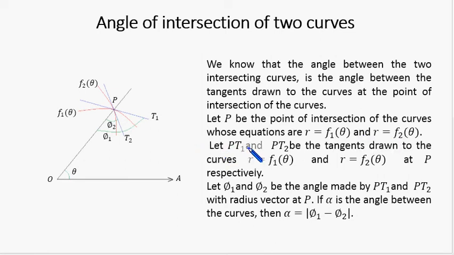Let PT1 and PT2 be the two tangents drawn to the curves at P respectively. Let phi1 and phi2 be the angles made by PT1 and PT2 with the radius vector at P. If alpha is the angle between the curves, then alpha = modulus of phi1 minus phi2.